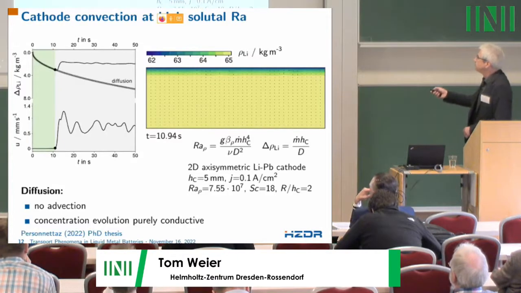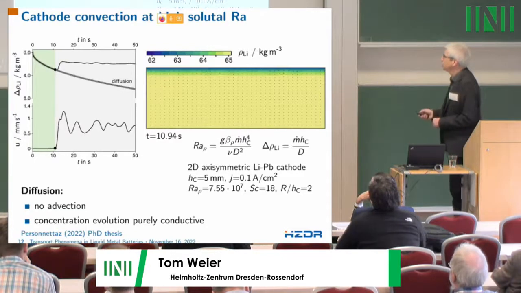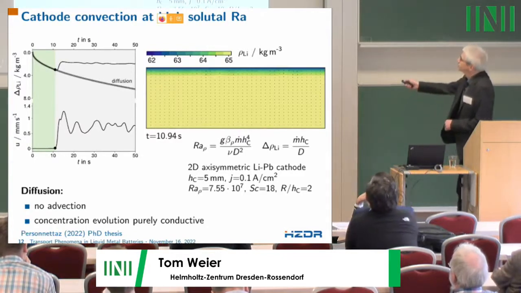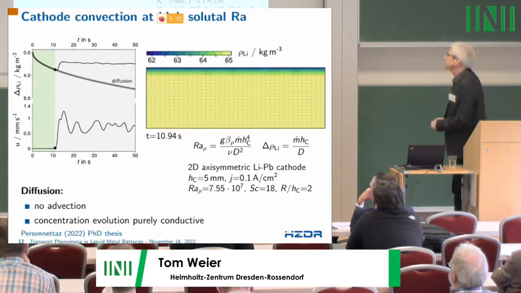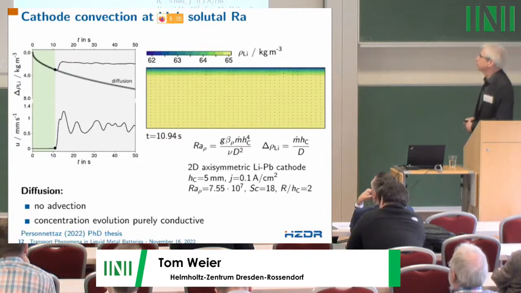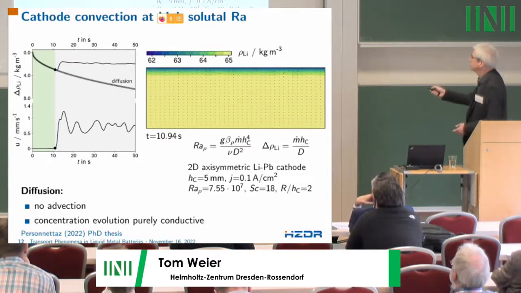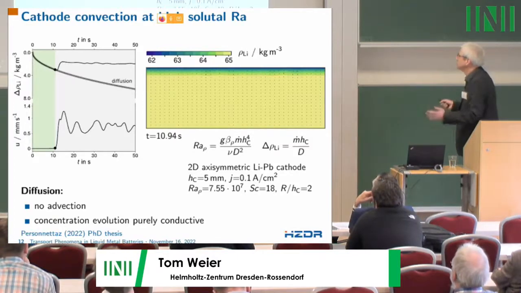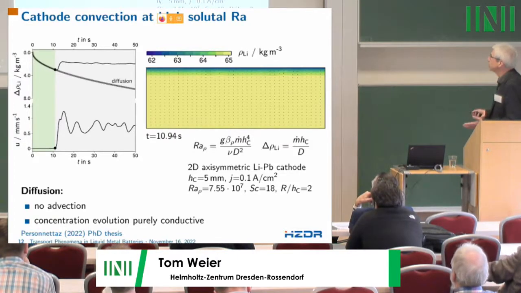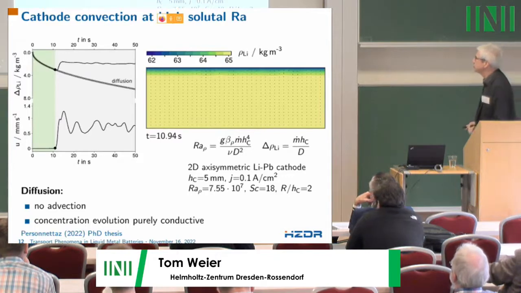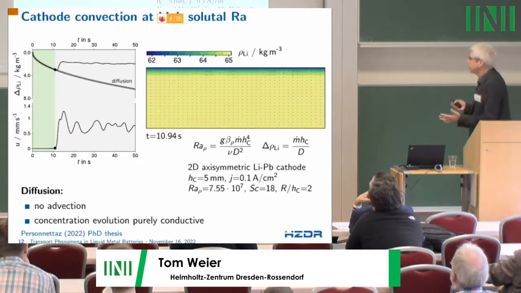This is the initial diffusion during charge. The density ratio follows the typical square root function that's typical for diffusion, and this is the concentration in the cell. These are numerical results, 2D axisymmetric. So we have no flow, no advection.